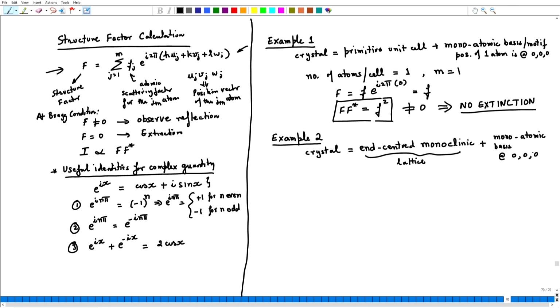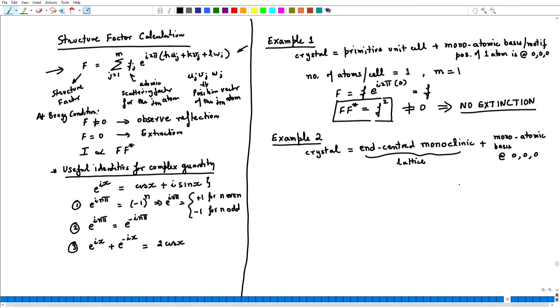Now, this again implies that the same kind of atom will be populated at each lattice point, but in this case the atom will be present at the corners of the unit cell, and the atom will be present at two opposite faces, center of the two opposite faces of the unit cell. So, let me just draw the structure.